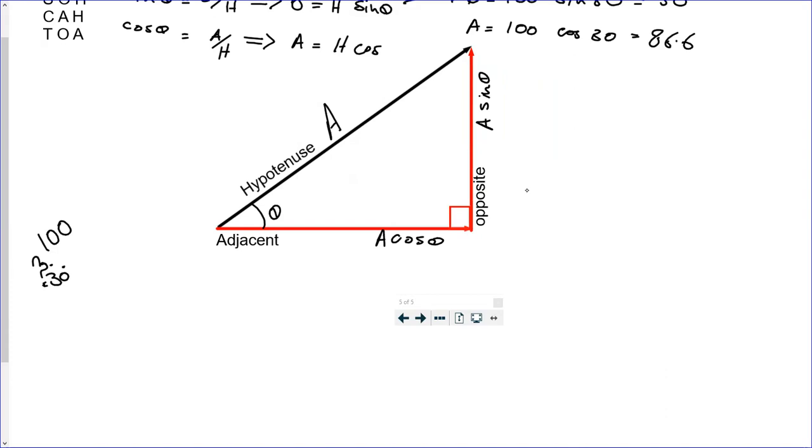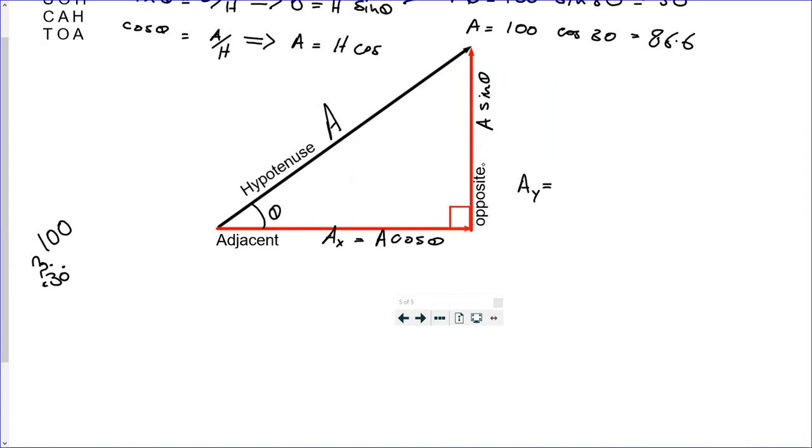So the component in this figure is Ax, which is A cos theta. In the above figure, the opposite side is Ay, the component of A along the y direction, and that equals A sine theta.